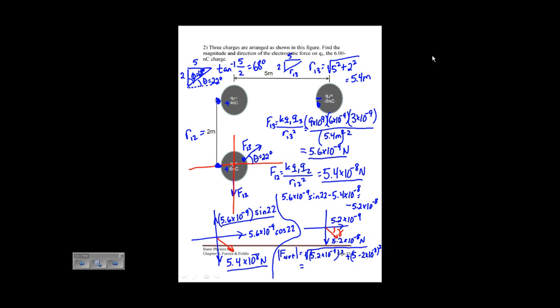And the magnitude then is 5.2 times 10 to the minus 8. So that's the first part of the answer.